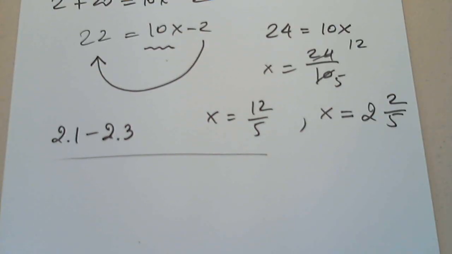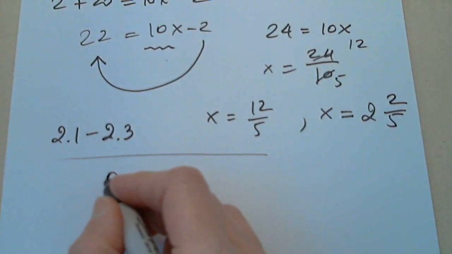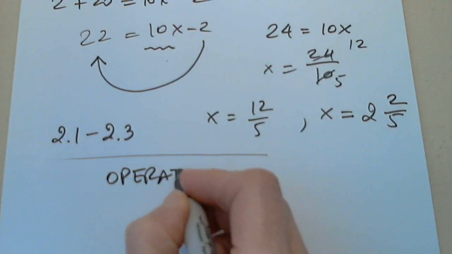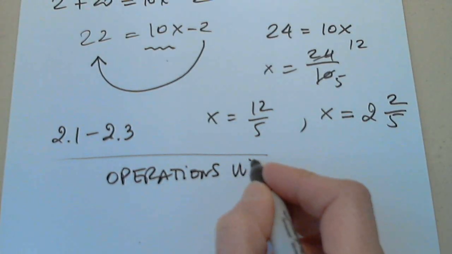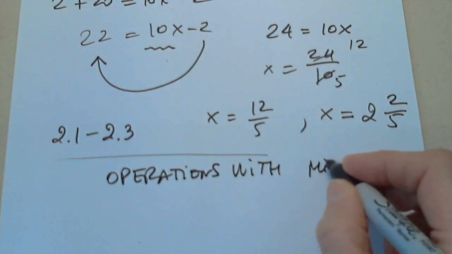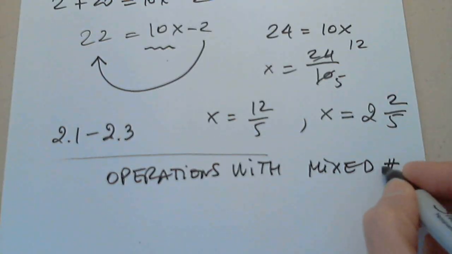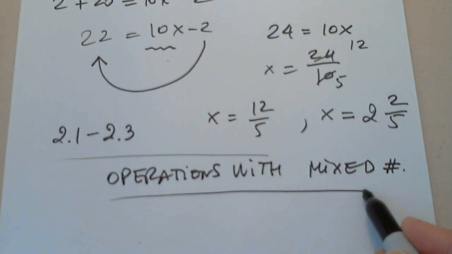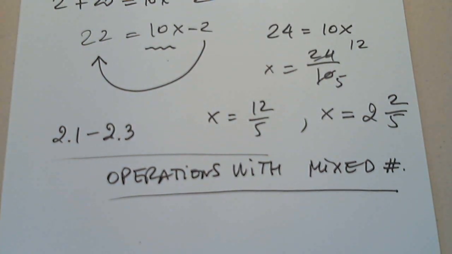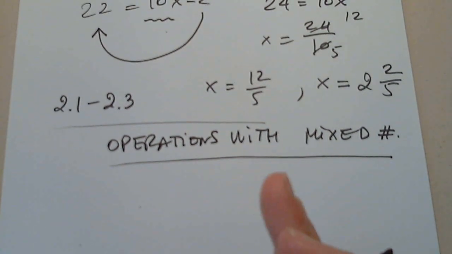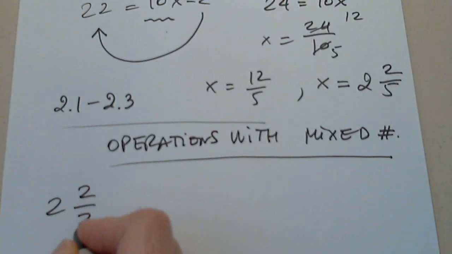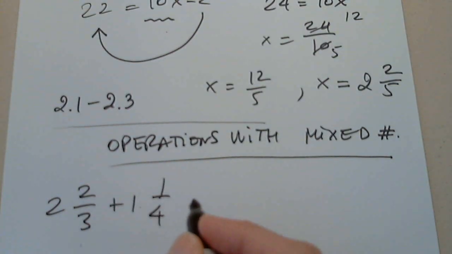Now we're moving on to operations with mixed numbers. Operations with mixed numbers. Let's say we want to add 2 and 2/3 to 1 and 4/5, or 1/4.